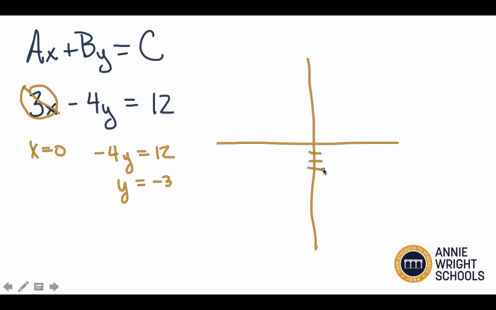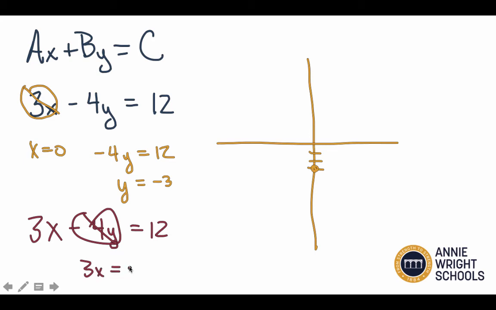0 for x, negative 3 for y. Now you do the same thing, but you pretend y is 0. If y is 0, now this term goes away, and you're left with 3x equals 12. That means x equals 4. So there's another point, 4, 0.